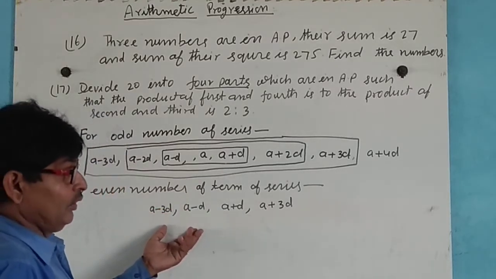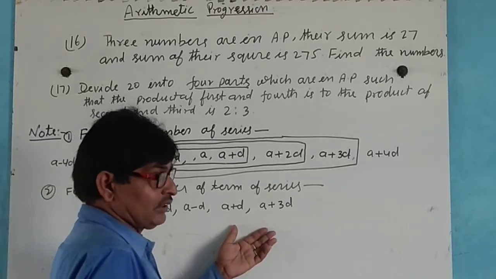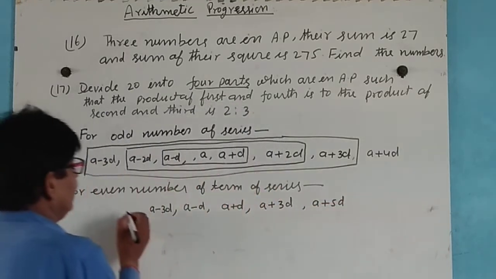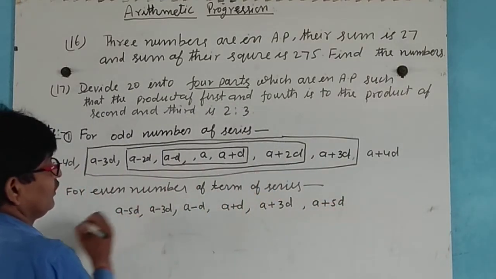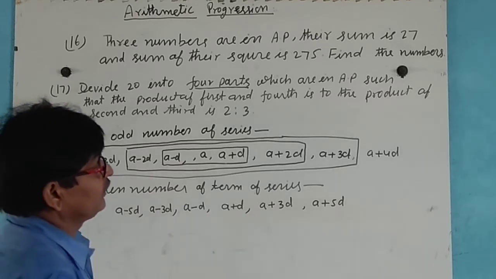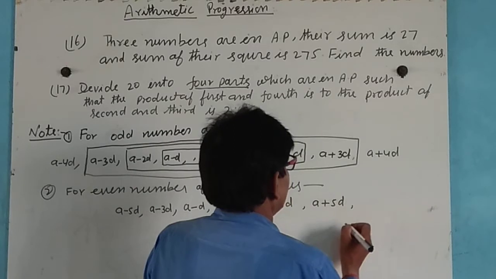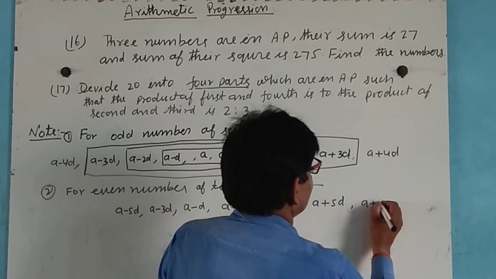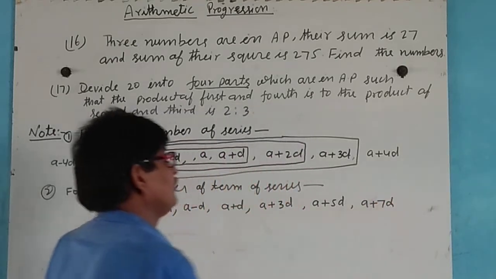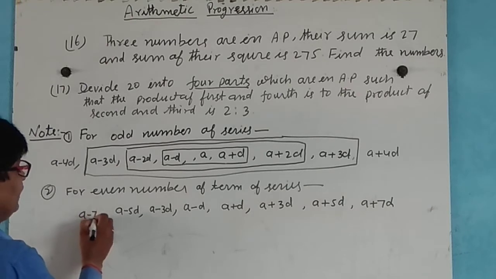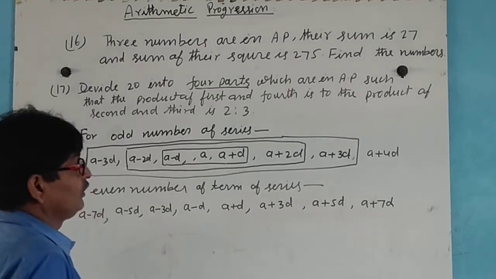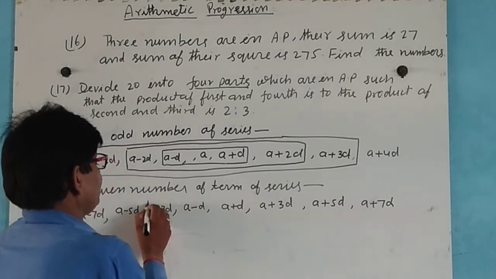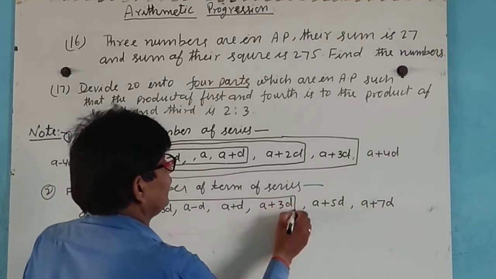That is 4 terms. If we choose 6 terms, 6 is even, here A plus 5D and A minus 5D. If you choose 8 terms, A plus 7D and A minus 7D, and so on. We choose 4 terms, this and this.